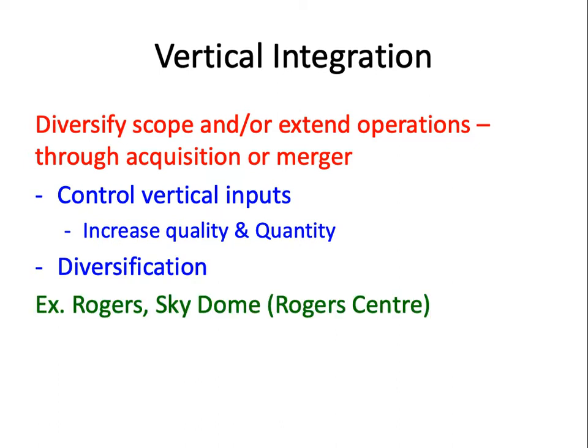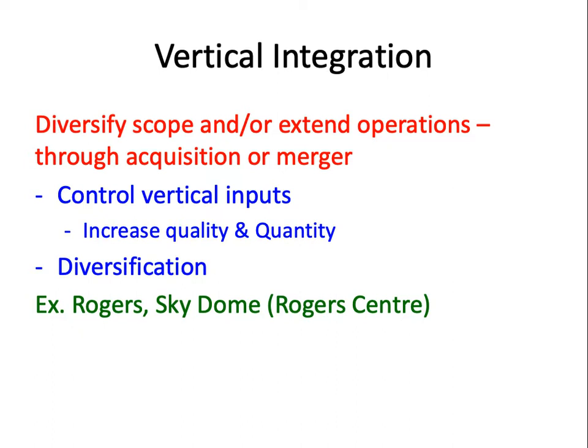So one example from my time is Rogers. Rogers, as maybe some of you know, owns the Toronto Blue Jays. Rogers is a telecom company, and the Toronto Blue Jays is a sports team. What does this have to do with Rogers, right? Rogers does lots of things in the telecom space. They also own the SkyDome. The SkyDome, as I know it, is now called the Rogers Centre, right?